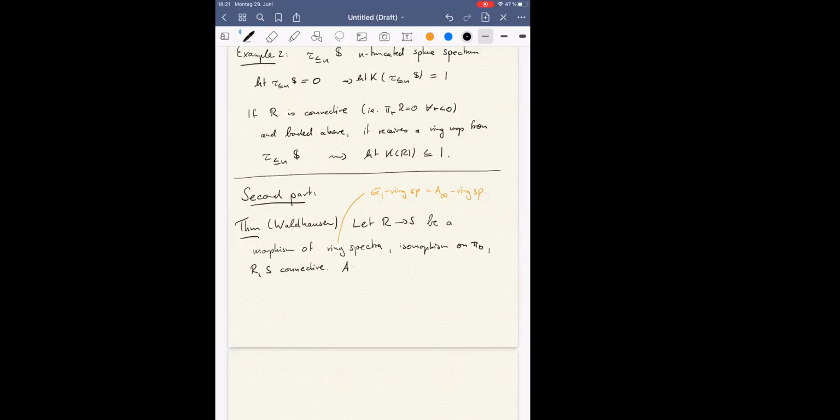Assume further that R to S is a rational equivalence. Then K of R to K of S is also a rational equivalence.